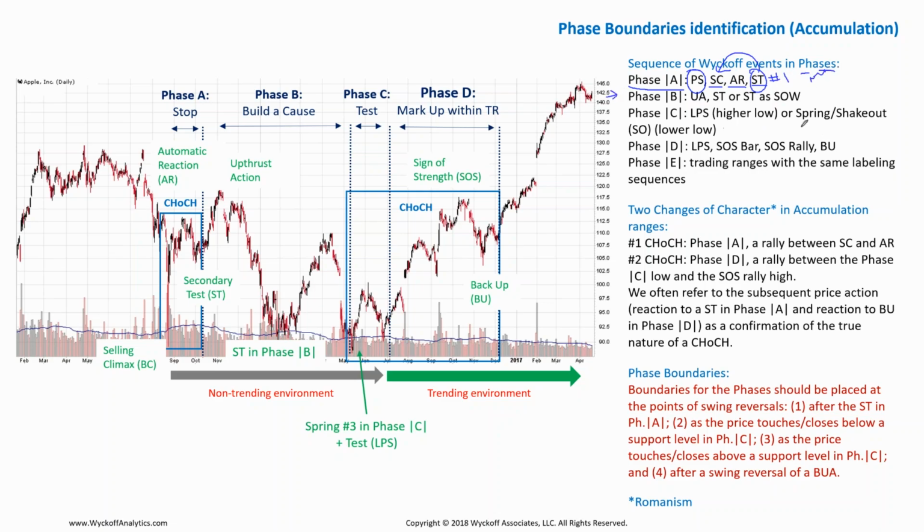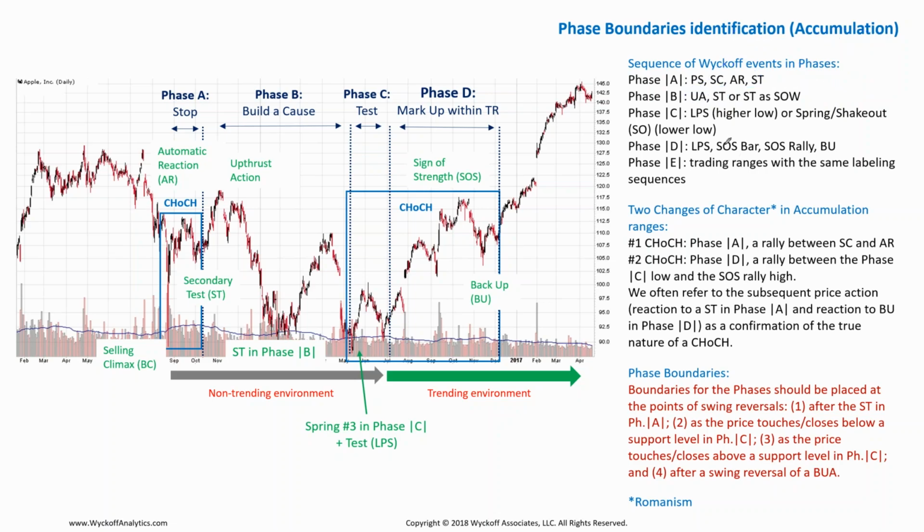Phase B is going to have in the accumulation either a secondary test at the support level or an upthrust action at the resistance level. So these two are mechanisms of testing. Testing what? Testing both supply and demand at the support and the resistance level.